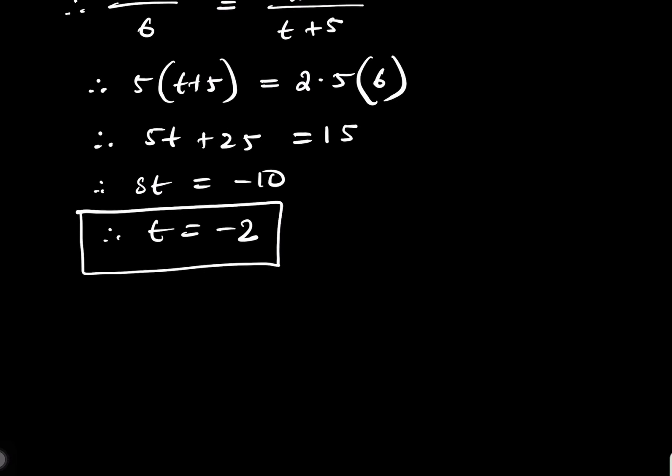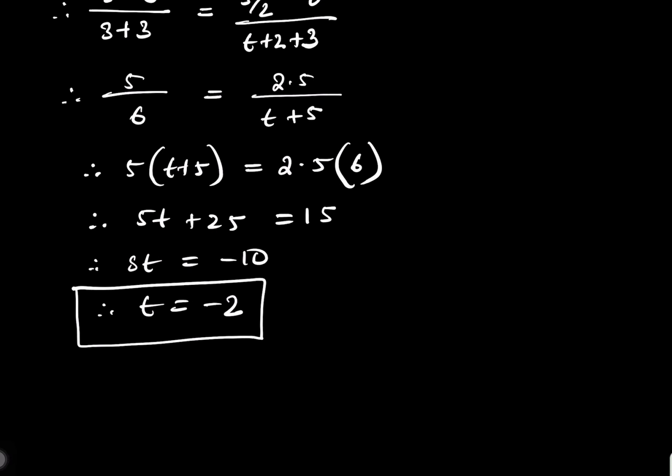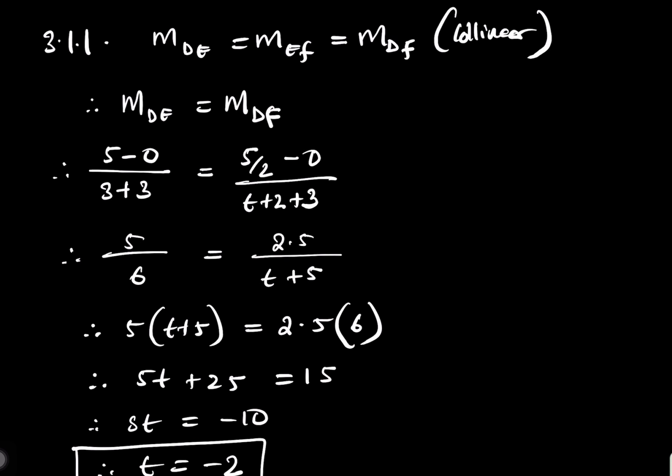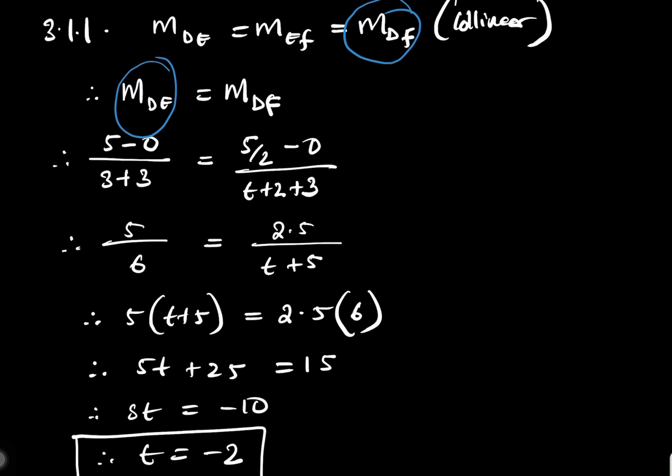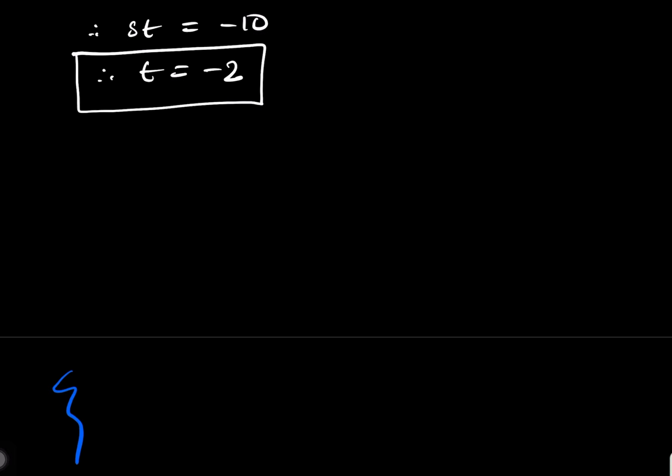Because we know that the gradient of this line is the same throughout, that means if this gradient is 5 over 6, it means this gradient as well is 5 over 6, even this one as well. So we are going to say to ourselves now, let me go to this one, that is 3.1.2.